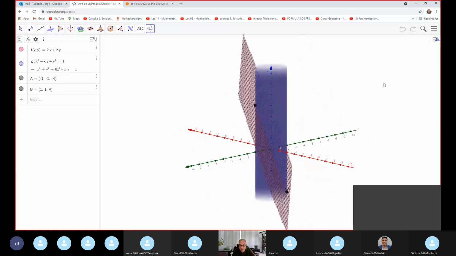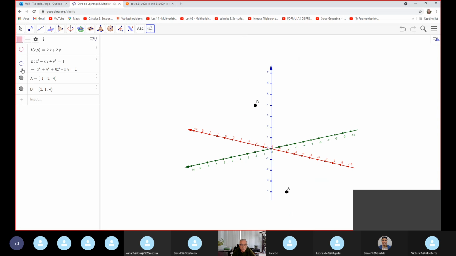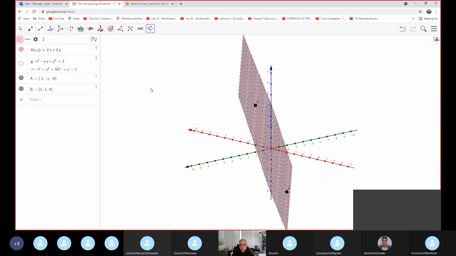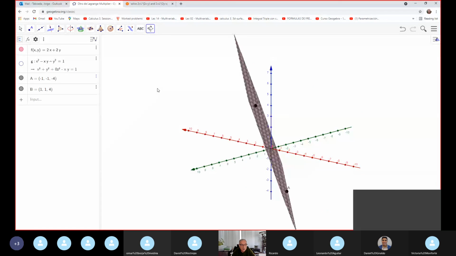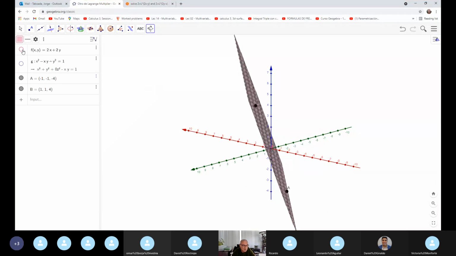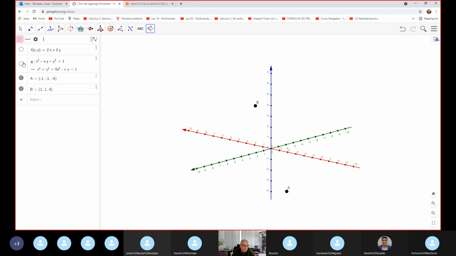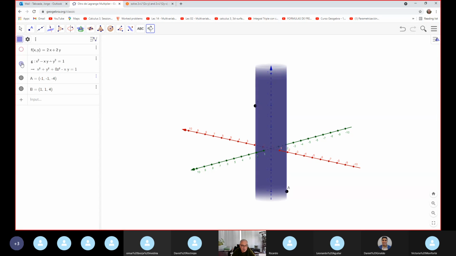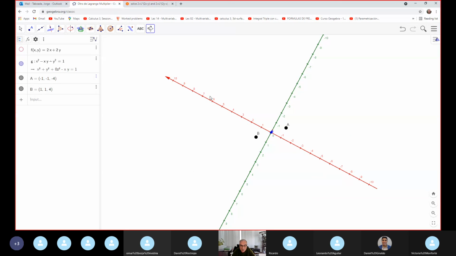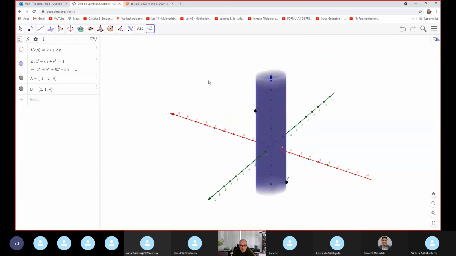Okay, this was our problem. Our problem was, remember, we have two surfaces. The first surface is a plane, 2x plus 2y. The second is weird, maybe, actually, I predict it's a cylinder, but a weird cylinder, not a circular cylinder, elliptical.